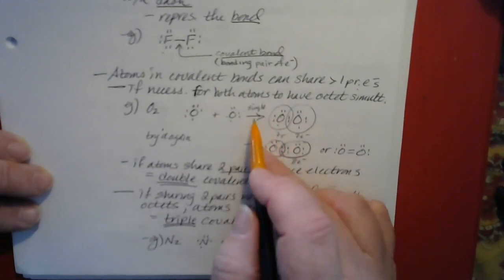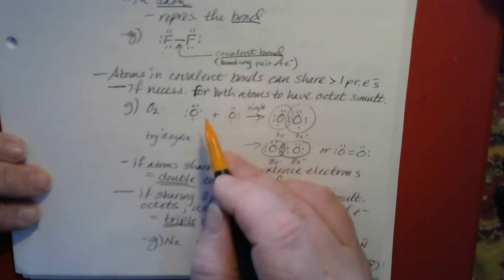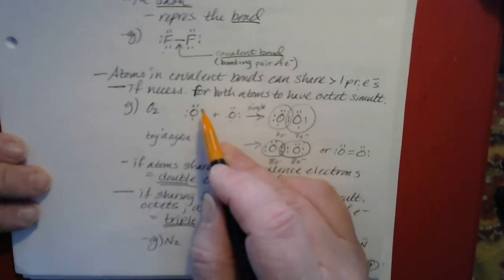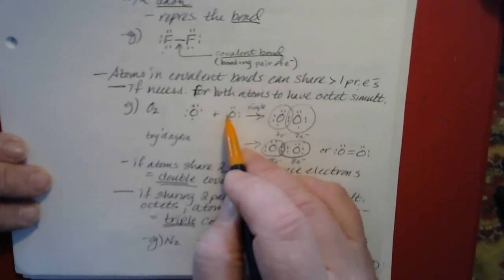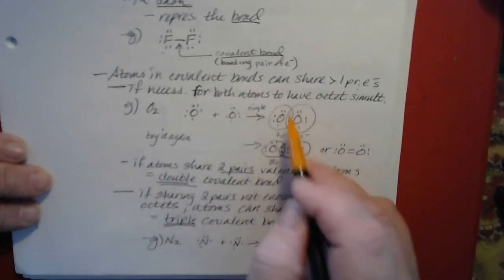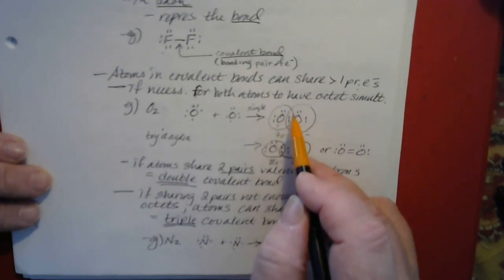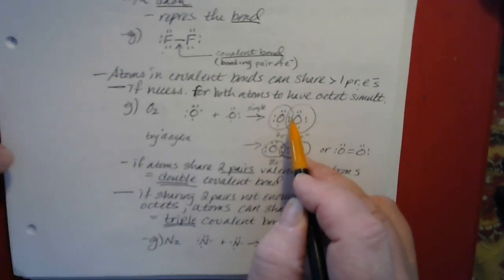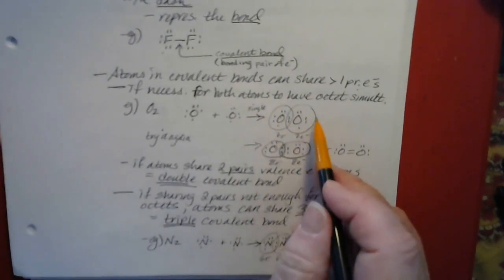If you try forming a single bond between the 2 oxygen atoms, that is, say, the oxygen atom on the left shares this electron, and the oxygen atom on the right shares this electron, you get this structure here. And each oxygen atom has 1, 2, 3, 4, 5, 6, 7 electrons around it.